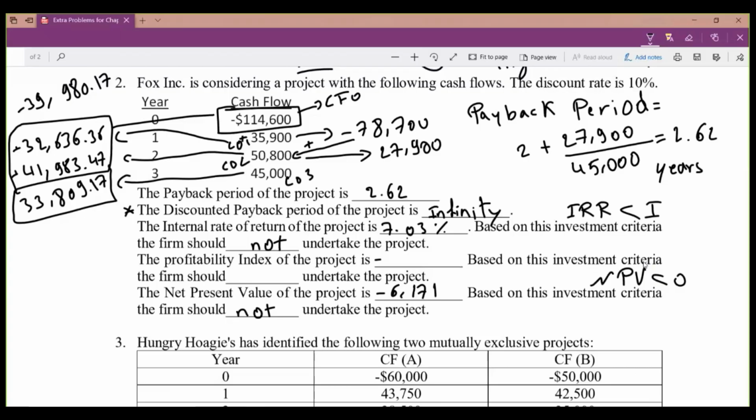So I can have NPV, I add back the initial investment, 114,600, and I divide by 114,600. Computing this value will give me a PI of 0.95.